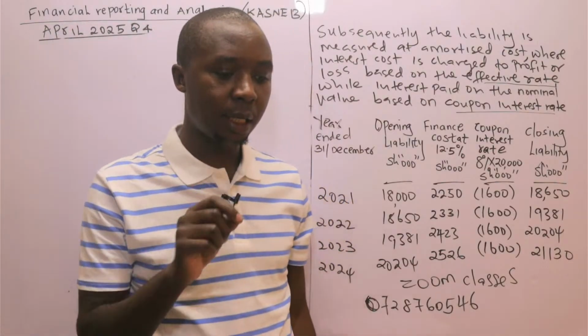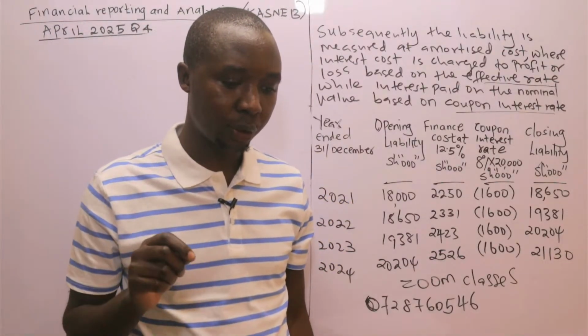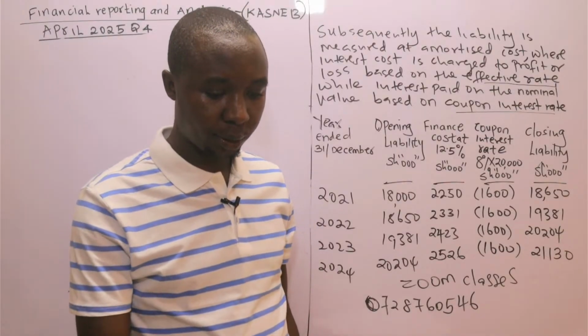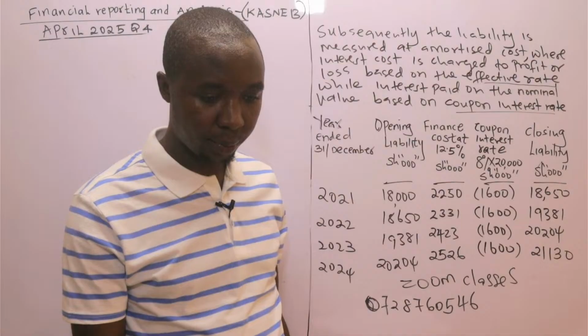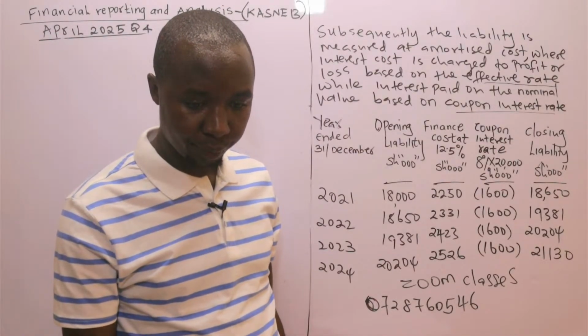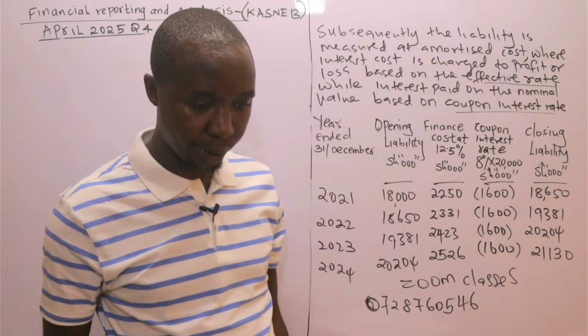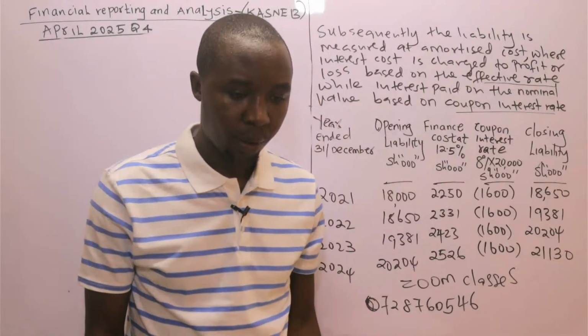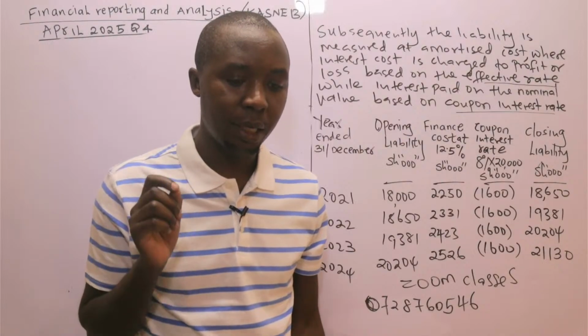They said that Airlight Limited operates a pension scheme for its employees, by the name Smart Retirement Benefit Scheme.